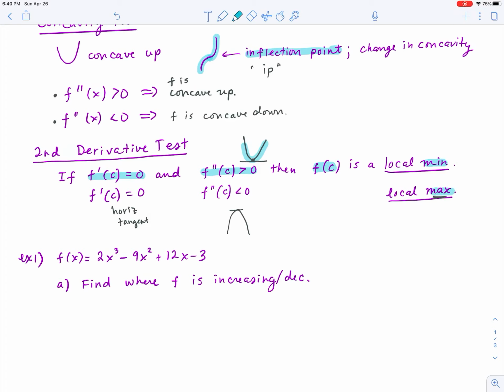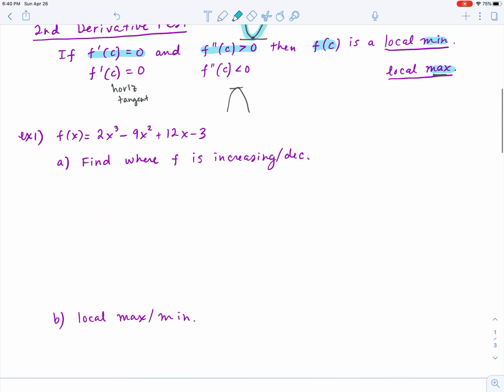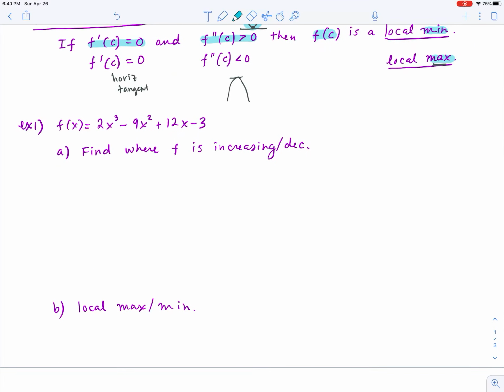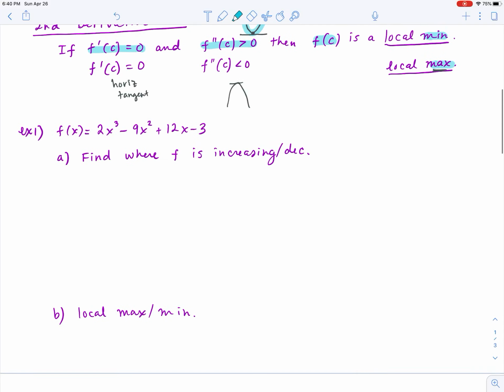Okay, so let's do an example. We want to find where f is increasing and decreasing. So we do that by taking the first derivative and setting it equal to 0. So the derivative of f of x is 6x squared minus 18x plus 12. And then if we set that equal to 0, we get 6x squared minus 18x plus 12 equals 0.